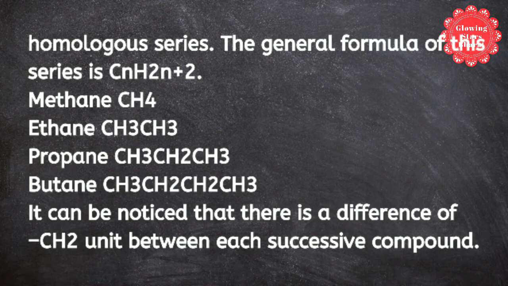The general formula of this series is CnH2n+2, meaning methane CH4, ethane CH3CH3, propane CH3CH2CH3, same type butane. It can be noticed that there is a difference of a CH2 unit between each successive compound.